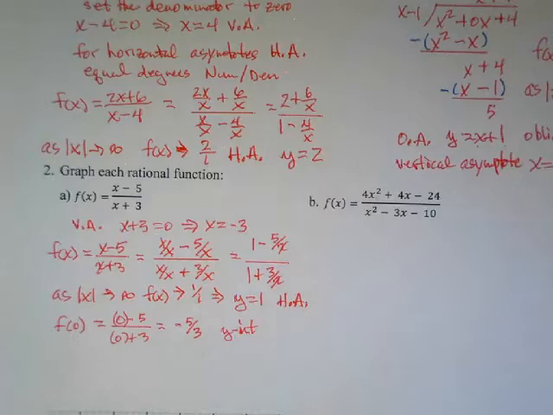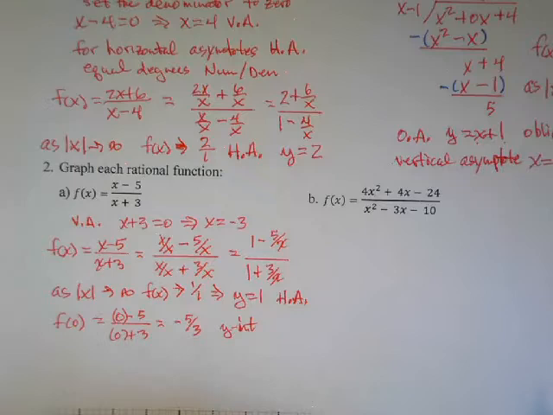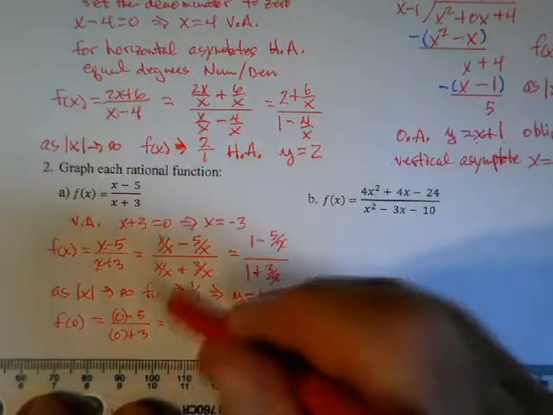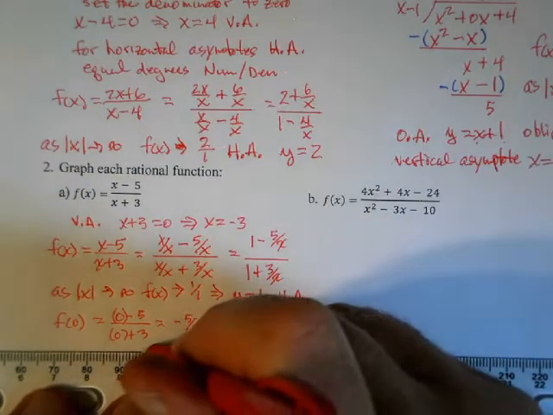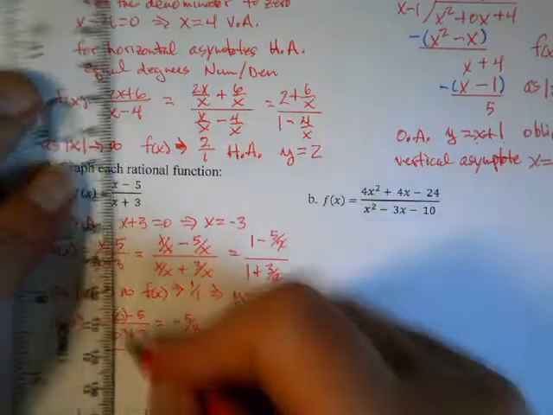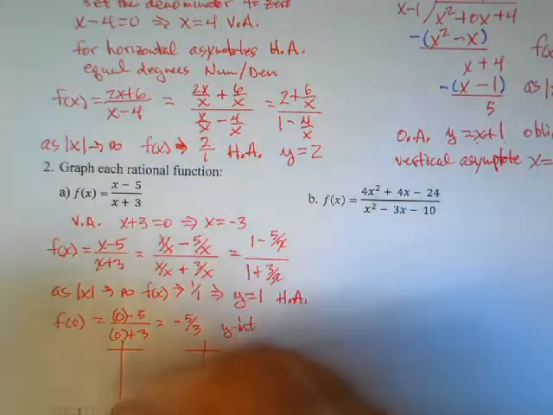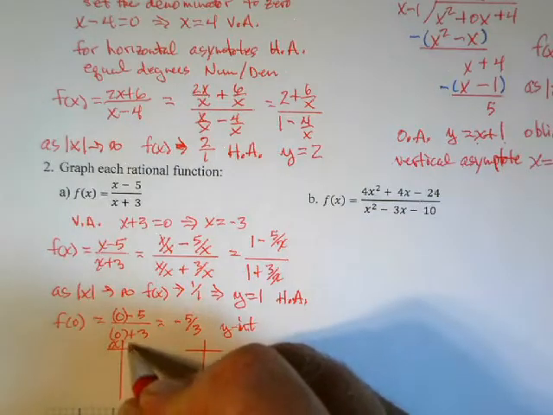All right, so we want to graph this, so let's make a little t-chart of some values. And I like using x and y whenever I'm going to do a graph.